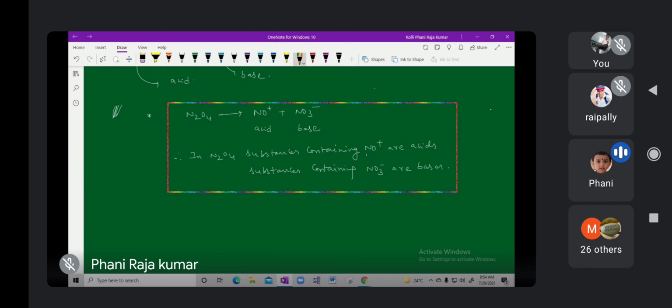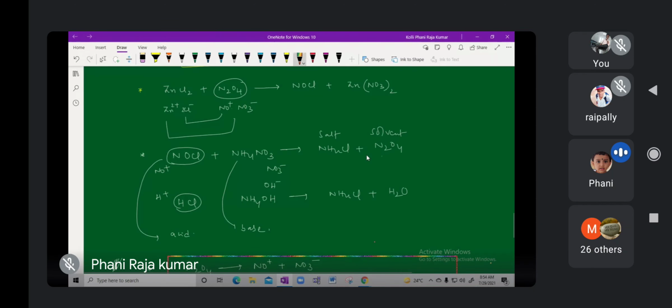And this is important in the oxides of nitrogen. Regarding N2O4, the liquid form of N2O4 undergoes self-ionization and acts as a non-aqueous solvent and involves a special type of acid-base reaction. This reaction, NOCl plus NH4NO3 gives rise to NH4Cl plus N2O4, is also called a neutralization reaction.